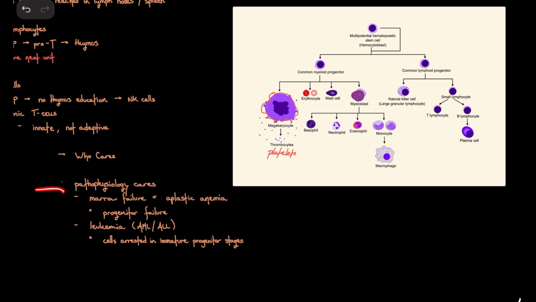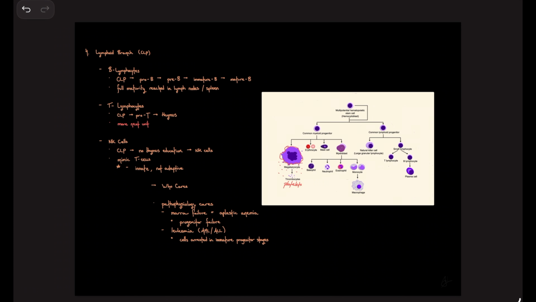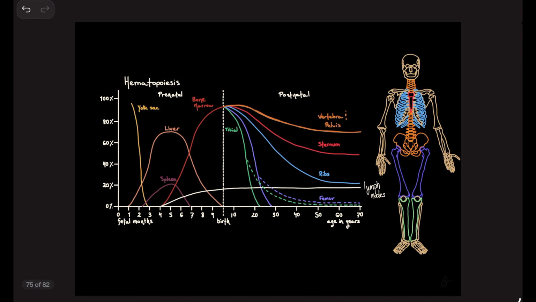So that is why these diseases can be so damning, is because you do not have your defenses in play, and when you try to make more, you just make more failed cells. So cool concept to think about. But yeah, so that is hematopoiesis. That's all I want you guys to understand. So just make sure you have a good conceptual understanding of that tree, and then absolutely know that.